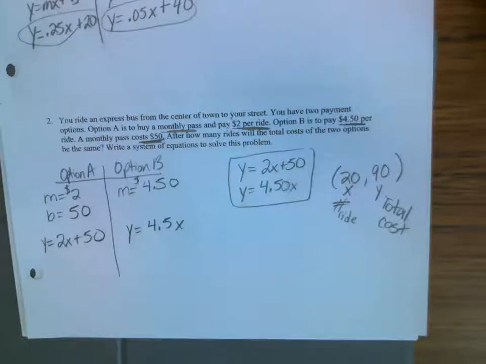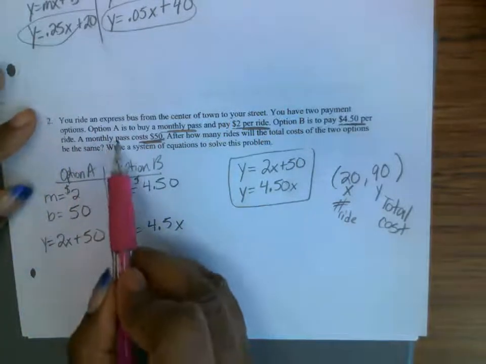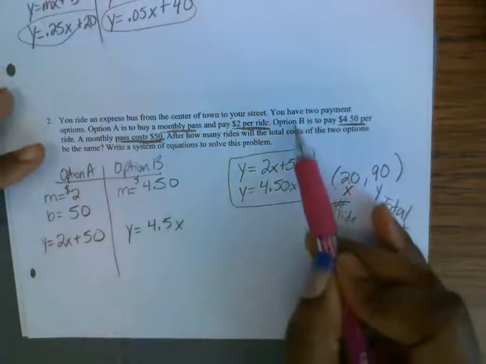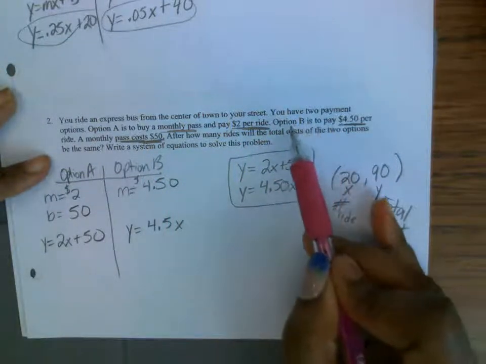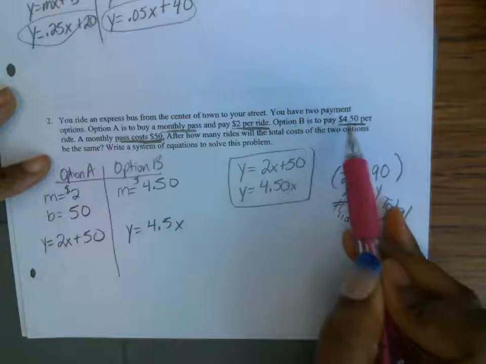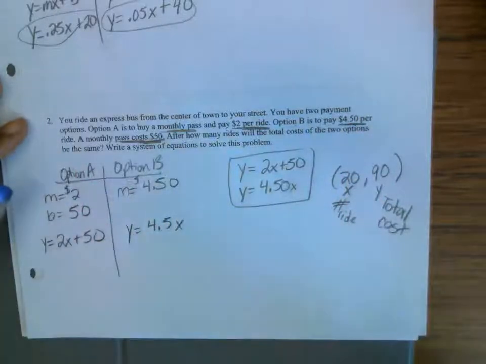Does that make sense? For the first one, you have to pay a monthly pass cost. But for option B, all it says is to pay $4.50 per ride, period. That's it.